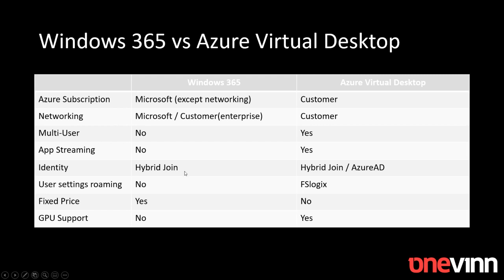Identity, well, Azure AD Join is, I think, still in development. I will show that later on in the roadmap as well. But for Azure Virtual Desktop, it's actually in preview, so you can try it out now. Another thing that also differs between the two options we have for virtual desktops is user settings roaming. In Windows 365, it's a personal device, end of discussion.